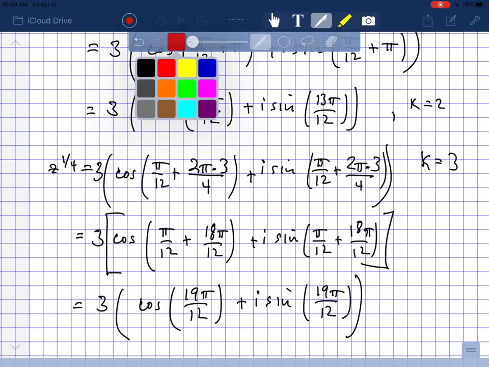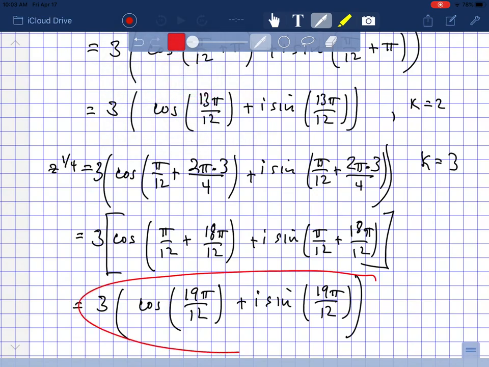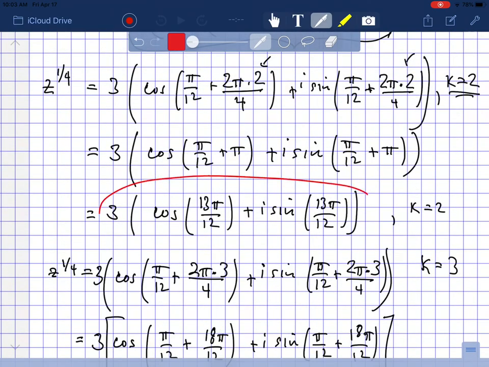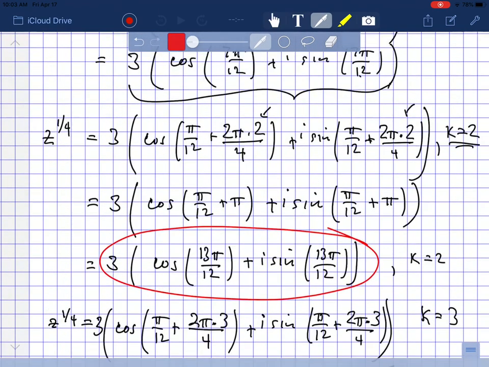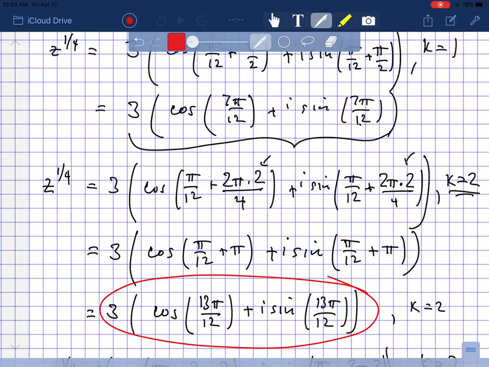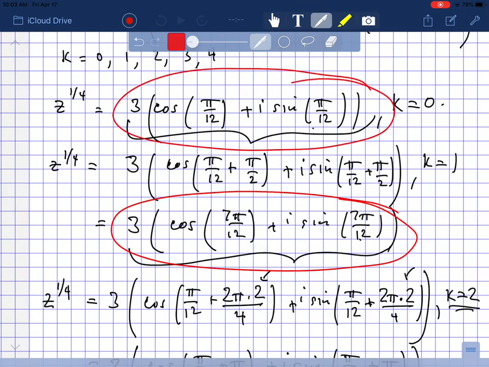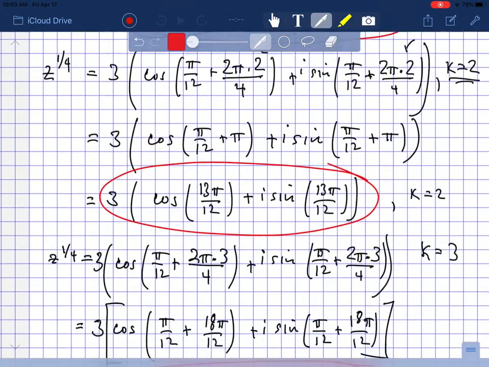Okay, so I have 1, 2, 3, 4 distinct complex numbers which represent the fourth root of our complex number z. Okay.